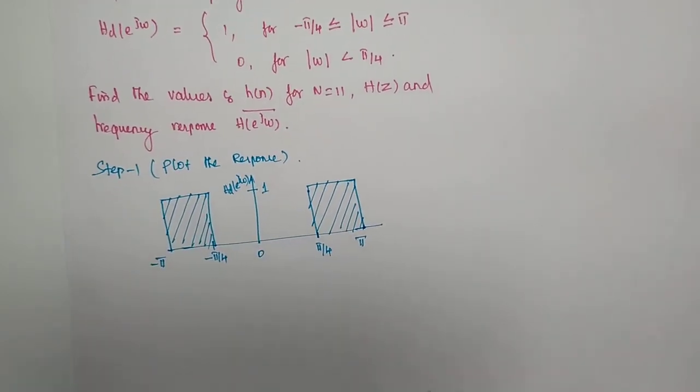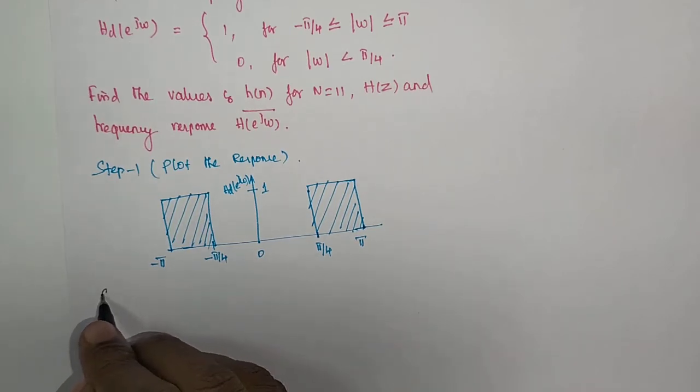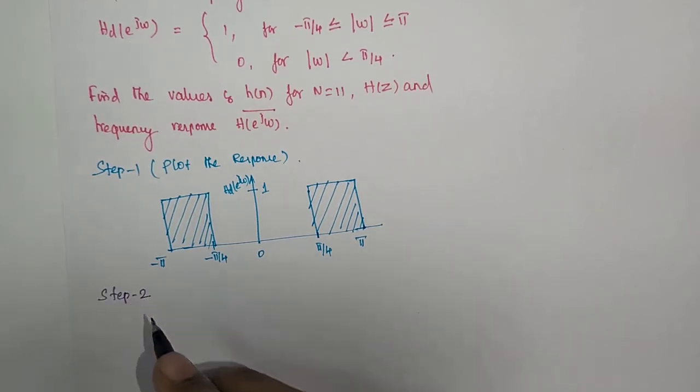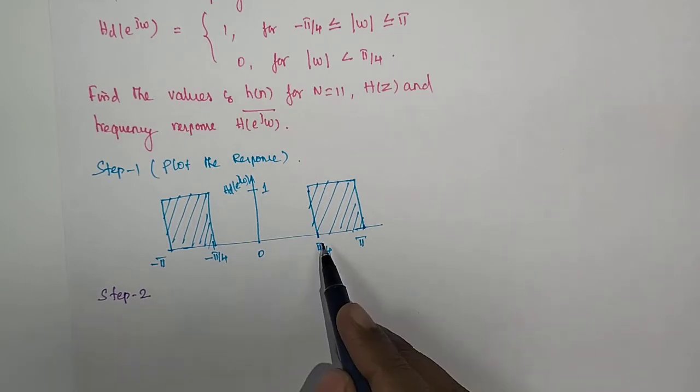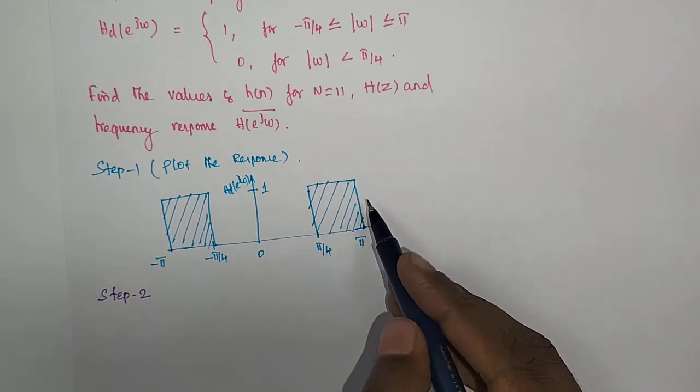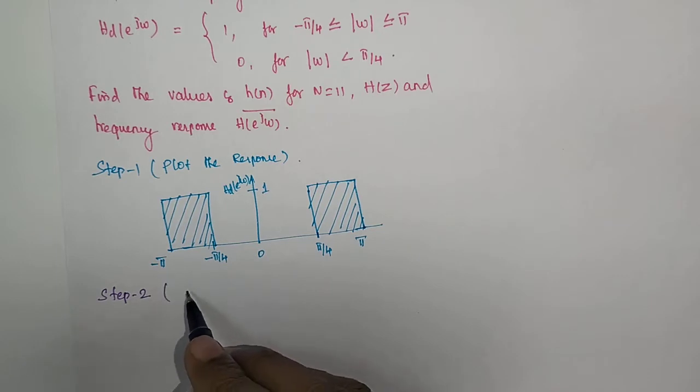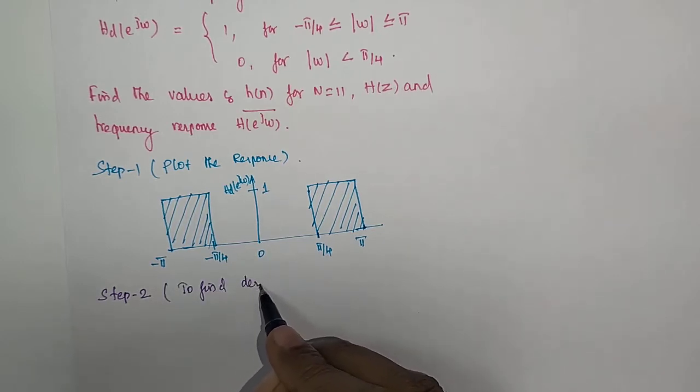The step 2. So what is step 2? You have to find the desired response. We identify the type of the filter, and from the plot it is identified that it is a high pass filter.